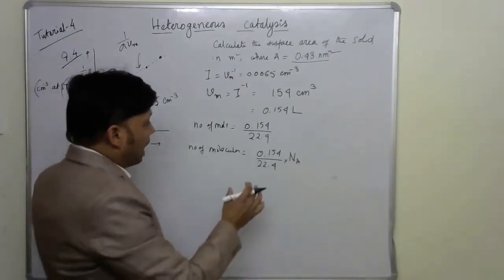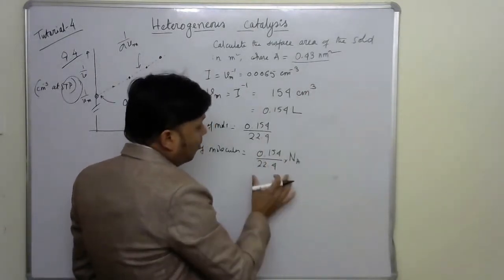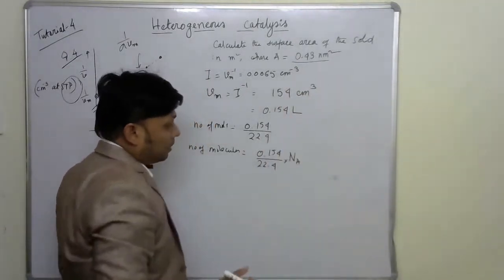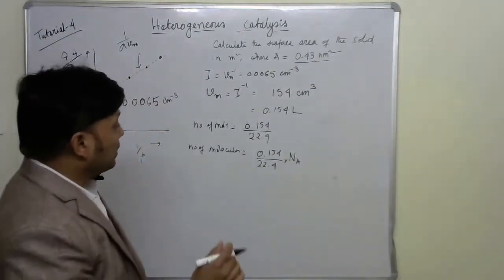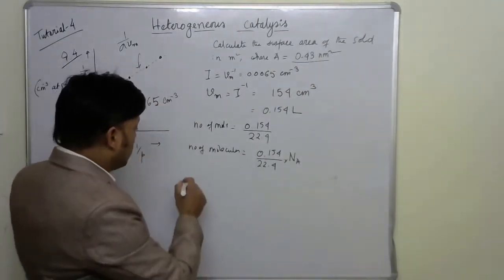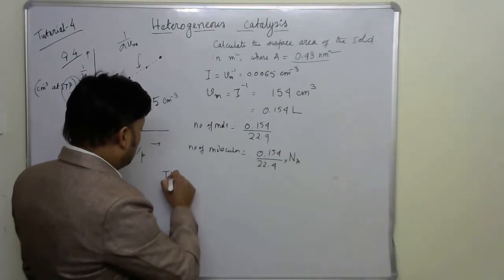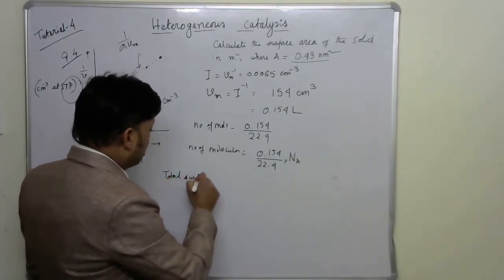So we have to multiply that many number of molecules with the cross section so that we get the total surface area.